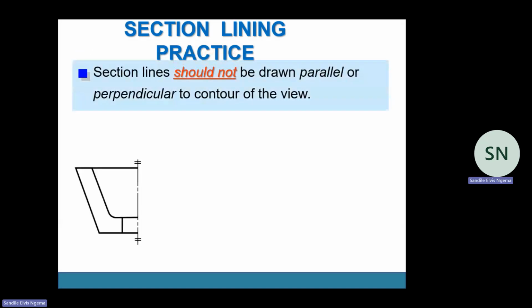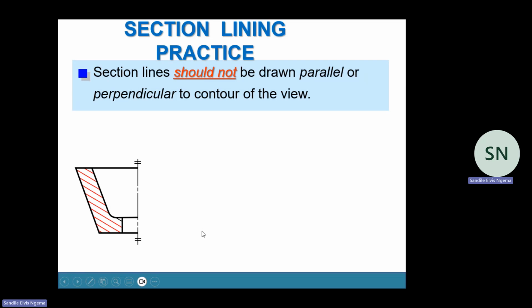Now, these are other things that you should not do whenever you are drawing your sectional lines. So the first picture that I've shown you is the correct way of drawing sectional lines because they are drawn at 45 degrees.